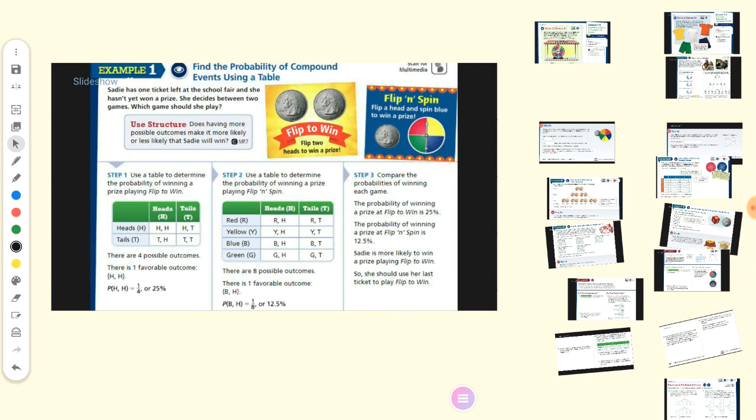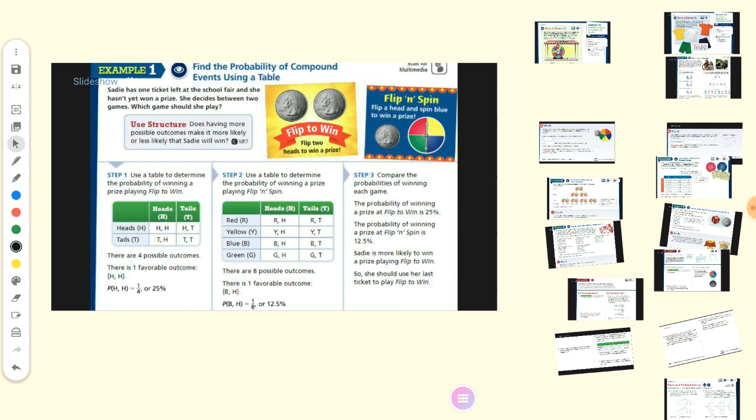She will flip the coin and then spin the spinner, and we will see the probability of having a prize. Heads is needed to win a prize. If she flips two heads, she will win a prize.